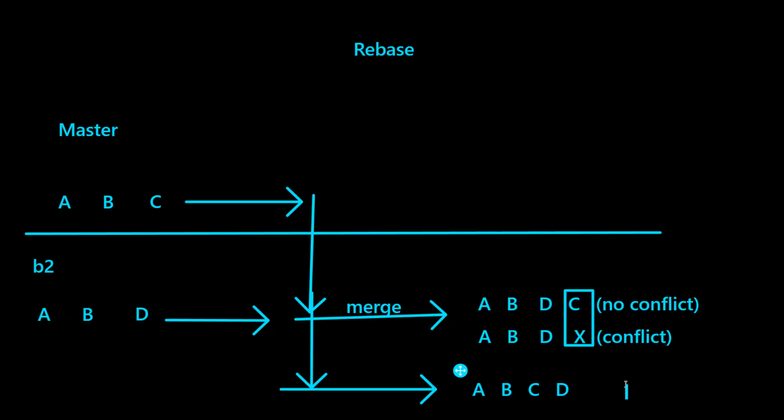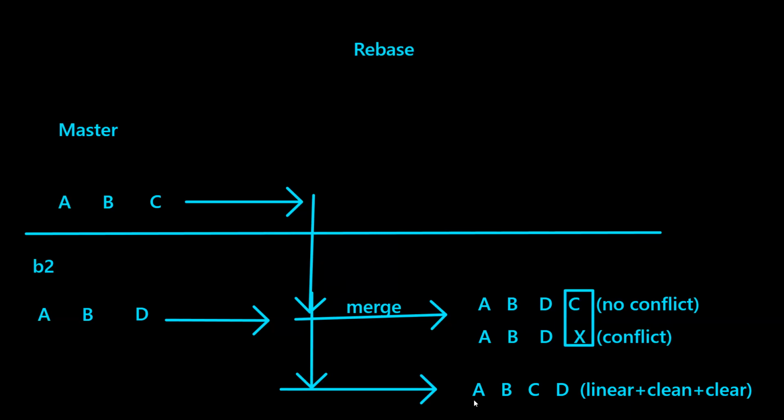Because I want to see linear development, and I want a clean and clear log history. It means I want to rewrite the log history in such a way that it shows linear development.